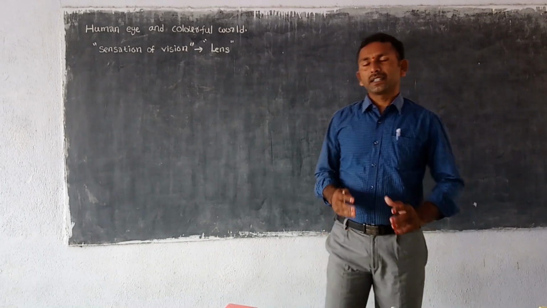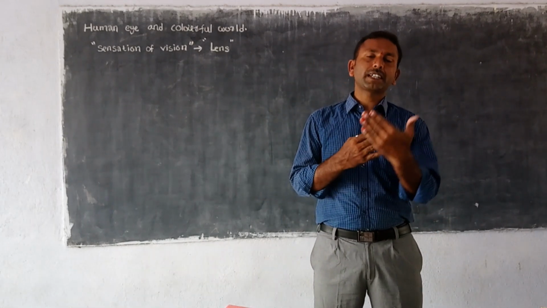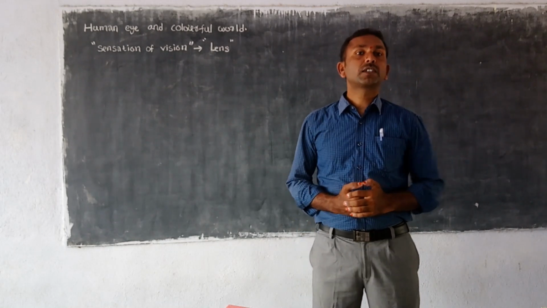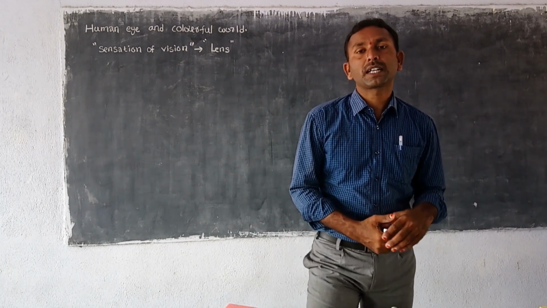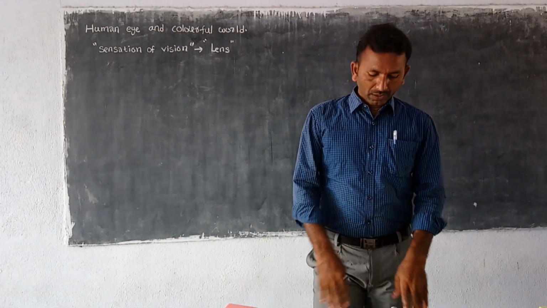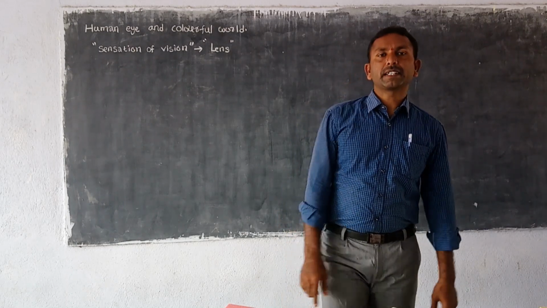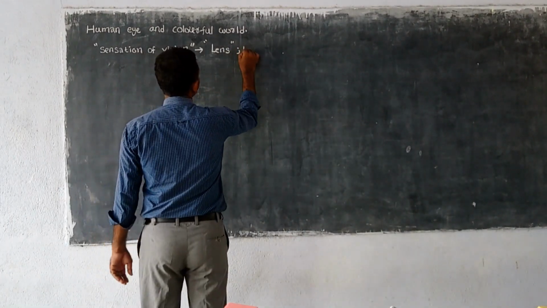So here we are using only eyes to see the closer objects and the farther objects. How is it possible to see two different types of objects, which are closer and which are farther away from our eyes? How is it possible to get the image at the same distance on the retina? Another part in our eye is the retina.